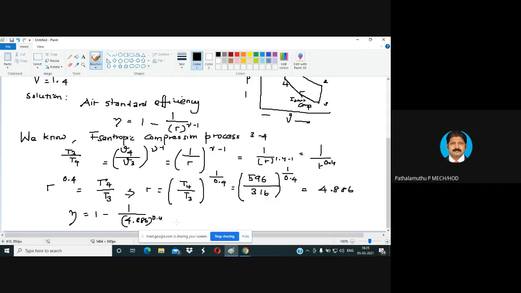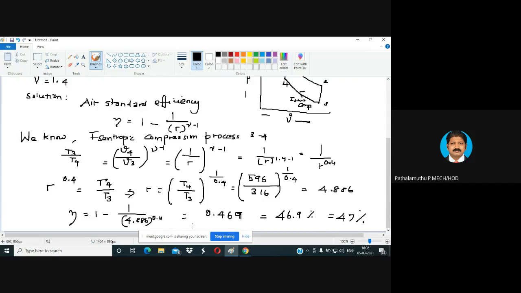Here gamma minus 1, gamma equal to 1.4 minus 1 equal to 0.4. From that equation, eta equal to 0.469. So the answer, eta equal to 46.9 percent, approximately 47 percent.